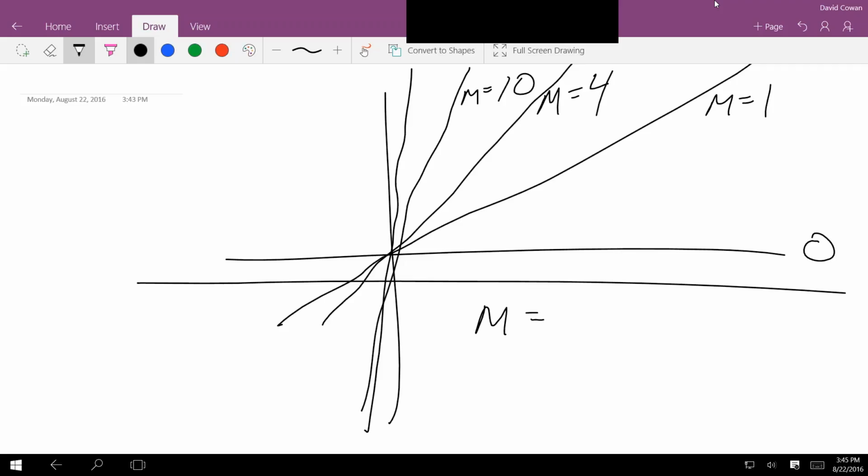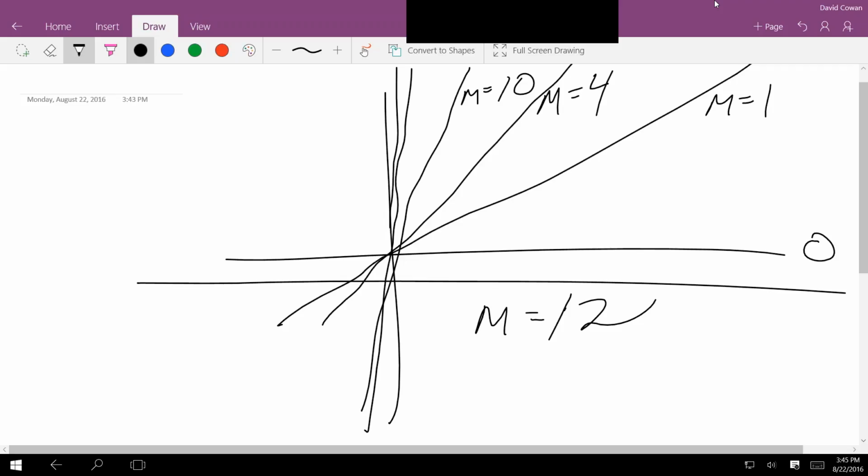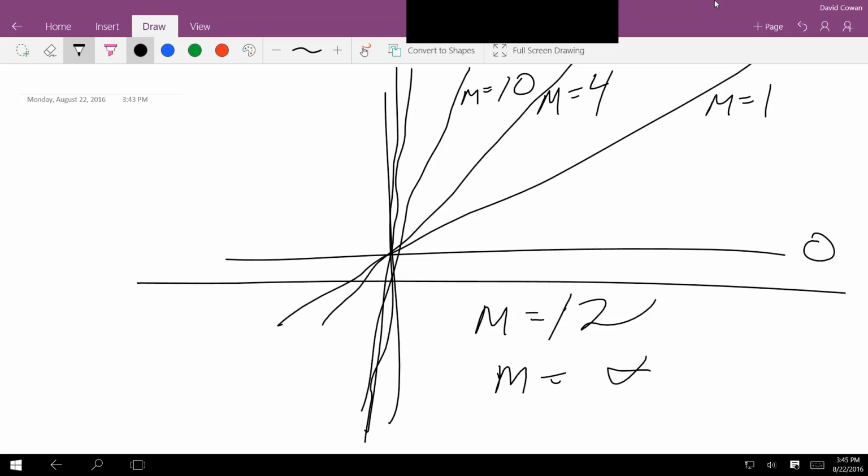12. How about this one right here? 13. Infinity. A vertical line is infinity. In other words, notice what you have when you have a vertical line.